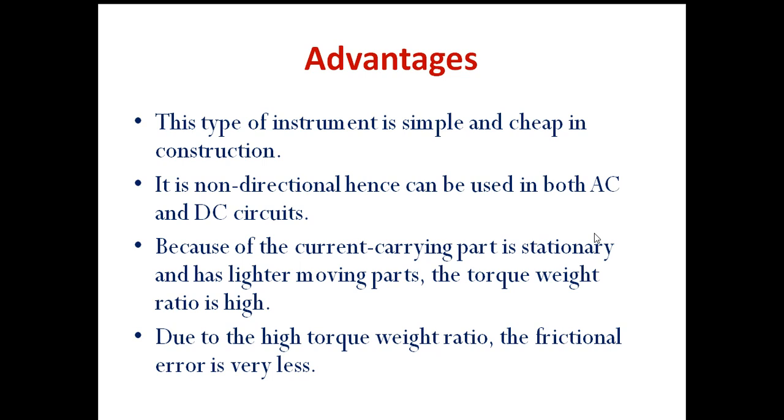That's why the torque to weight ratio is high. Due to the high torque to weight ratio, the frictional error can be very less. With a less weight body, the iron piece will be moving, and that's why the frictional error will be less. So this is one of the main advantages.